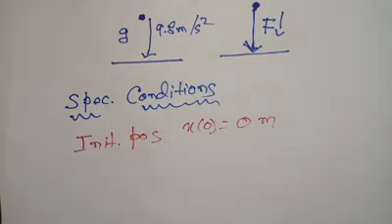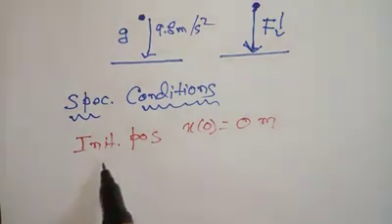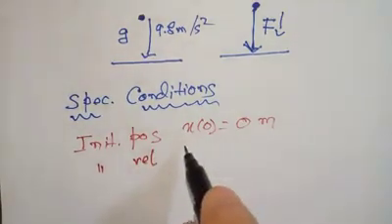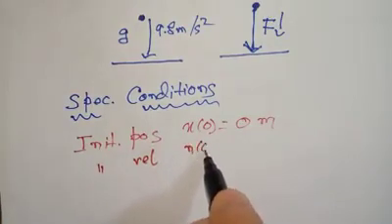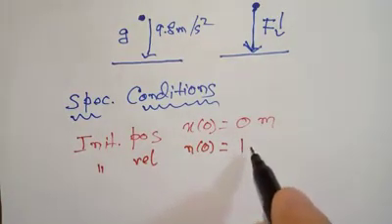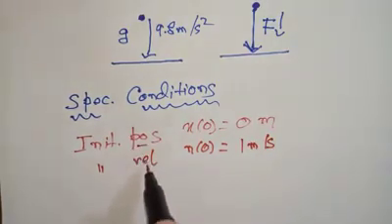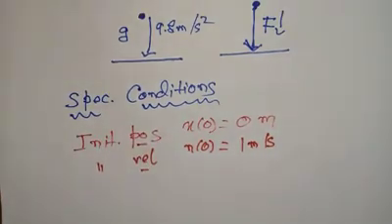So the initial position when the ball is there is 0. And we are also defining the initial velocity at x0 equals 1 meter per second. So this is the position, this is the velocity. These are the two conditions which are given to us.